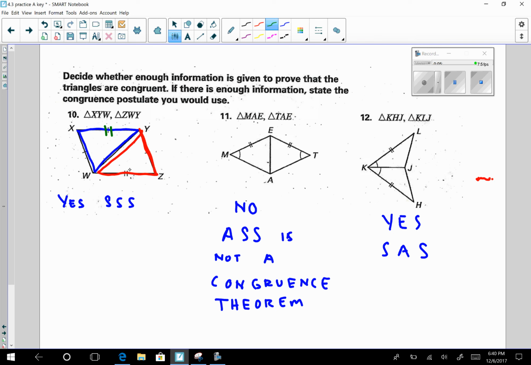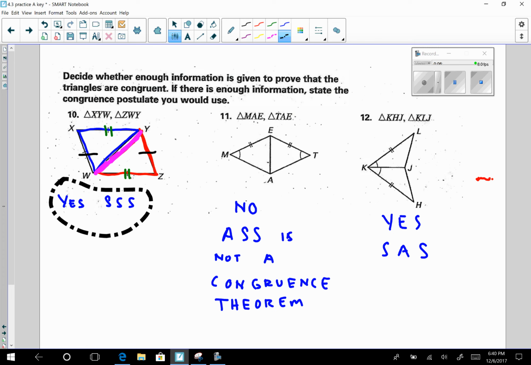Here I have these two sides congruent by the congruent dashes, and these sides congruent, again, by the congruent dashes. So I only have two pairs of congruent sides. Wait for it, and they both share this side in the middle, which is WY or YW. So yes, indeed, I can prove these two triangles are congruent by the side, side, side congruence theorem.